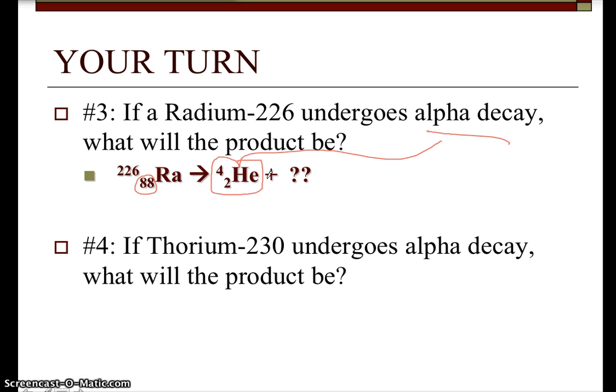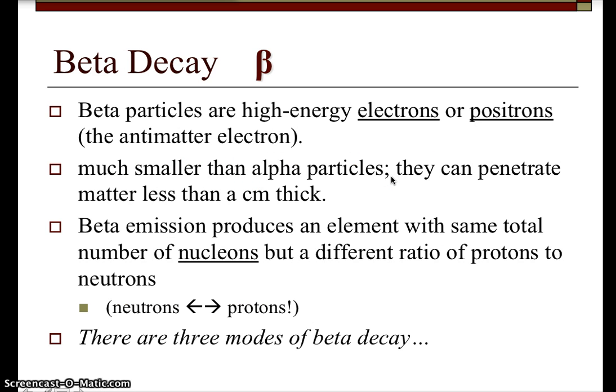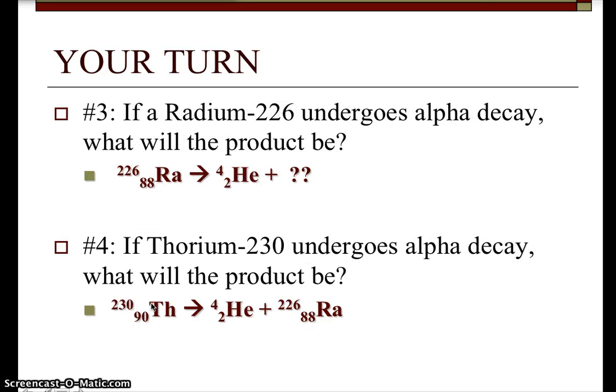Then it's just a matter of doing the math. 226 minus 4 would give me 222. 88 minus 2 would give me 86. And then I just need to look up the atomic number to tell me what element that's going to be. Looks like I forgot to look at it. I don't have my periodic table right in front of me, so we'll just have to look up whatever element that would be.